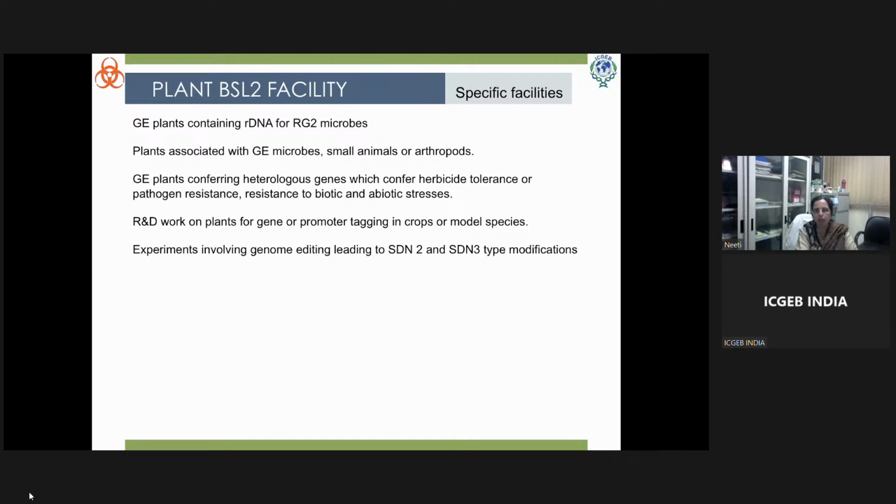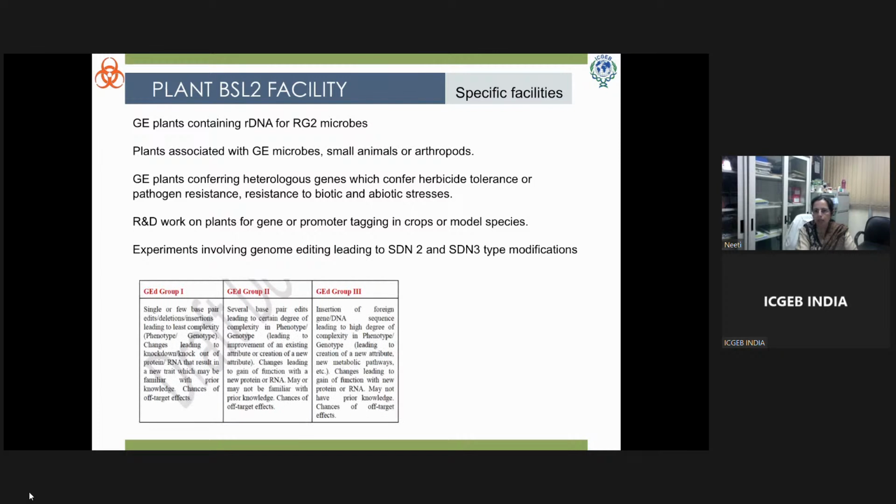Similarly, there can be specific facilities for plants and arthropods which can be designated as the plant BSL2 facility or the arthropod BSL2 facilities, where specific work appropriate for that particular organism can be carried out.